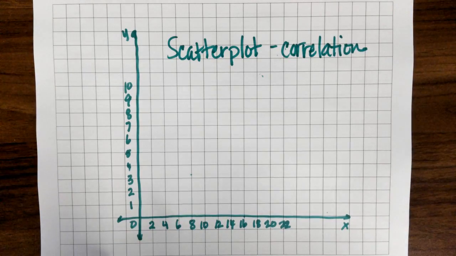Consider this. Do you think there's a relationship between the temperature outside and the amount of ice cream cones someone may sell? The hotter that it is, you will probably sell more ice cream. The colder that it is, probably not as much. Not always the case, but sometimes, and that's what a scatter plot looks for.